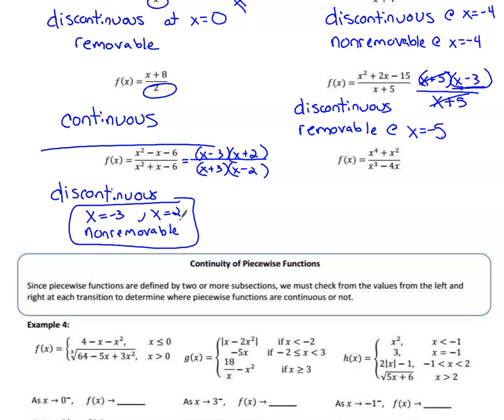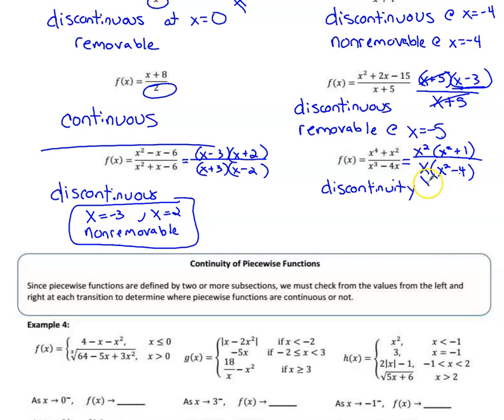And the final one in this section, let's factor that denominator. If I factor out an x, I get x squared minus 4. Before I even do any more factoring, I notice I have a 0, so I do have a discontinuity. The denominator can be 0. The question is, can it be canceled or not? On the top, let's factor out an x squared. If I factor out an x squared, I'm left with x squared plus 1. That can't be factored any further because it's a sum of two squares, only a difference of two squares can be factored.